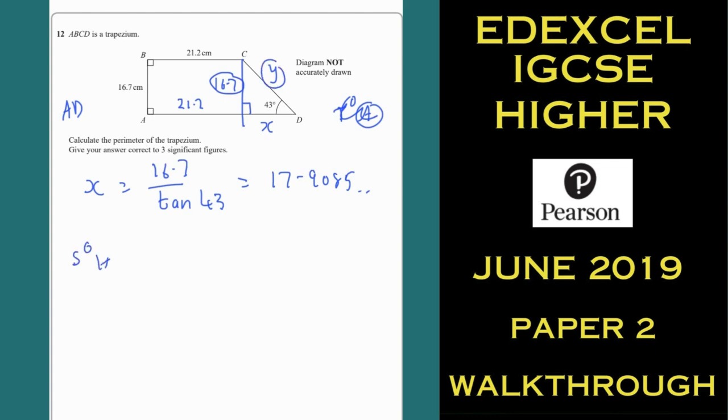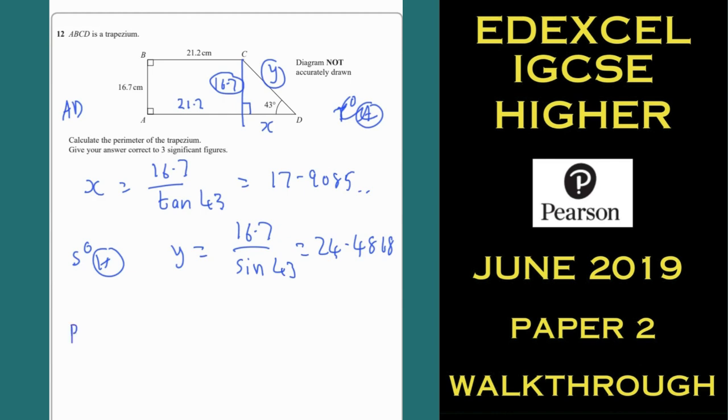So I'm now doing a SOH, where I want the hypotenuse, which is Y, and therefore I'm going to do opposite, 16.7, and we now divide it by the sine of 43, which comes up with 24.48-ish. Now you've got enough information.